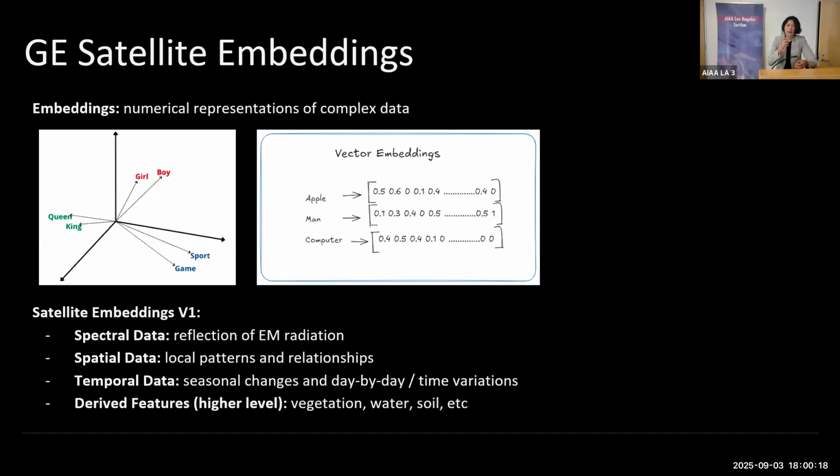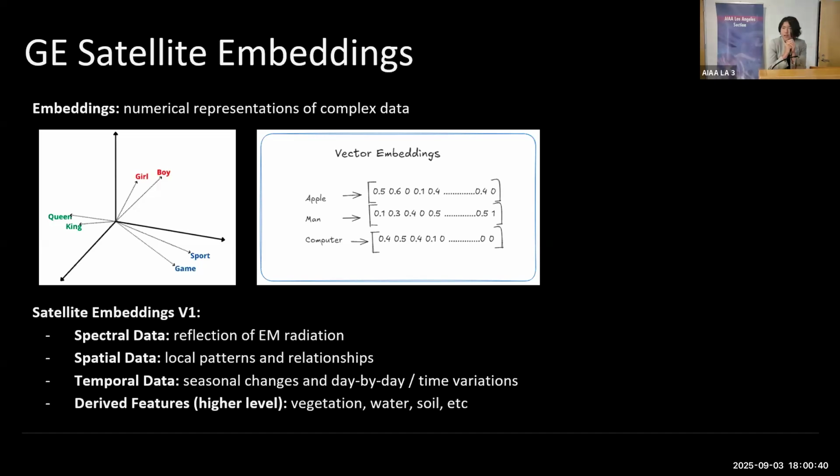Satellite embeddings are slightly different because they encompass different things. They're not words. The embedding characteristics included within a satellite embedding include spectral data, which we discussed before, which is the reflection of electromagnetic energy off of the surface of the Earth.